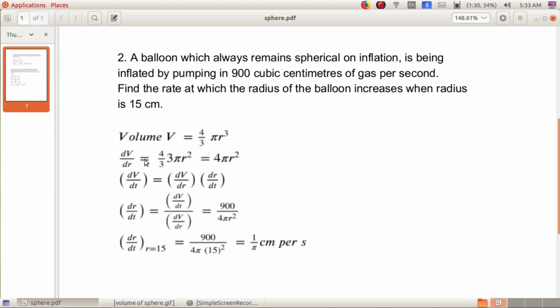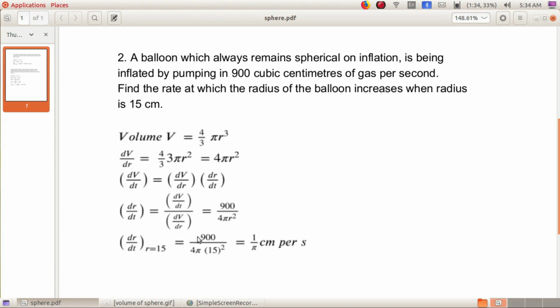So we have dV by dr equal to 4 by 3, the derivative of r cube with respect to r is 3r square. So cancelling 3, 4 pi r square. Now the derivative of V with respect to t is dV by dr into dr by dt. So dr by dt equal to dV by dt divided by dV by dr. dV by dt is given, 900 cubic centimeter per second.